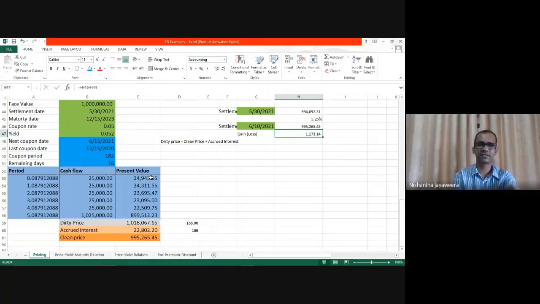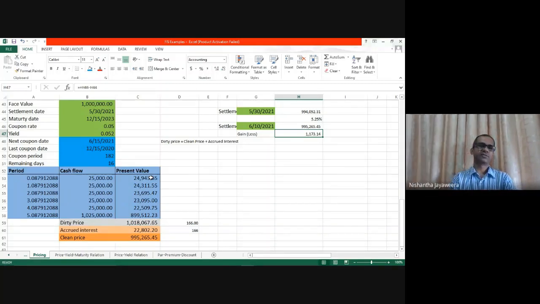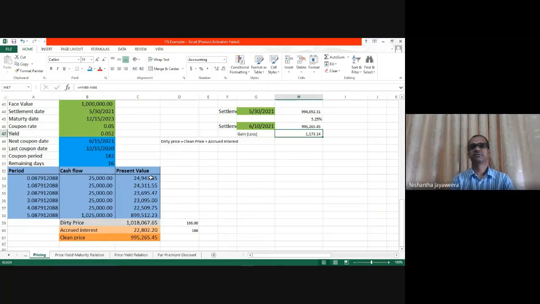Is this correct or understood? How to make a capital gain or loss? Assume instant capital gain or loss. You buy it at a particular rate, then the yield moves. You make a capital gain or loss because the moment the yield changes, the price changes.